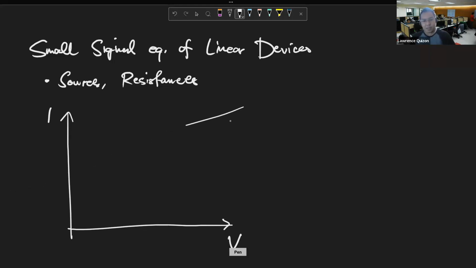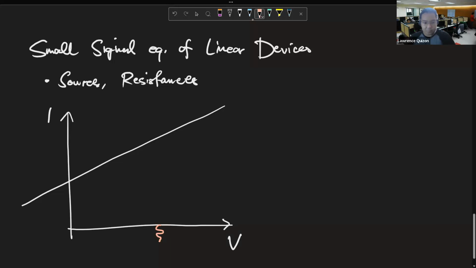So, as far as a small signal is concerned, the small signal model of a linear device is zoomed in.